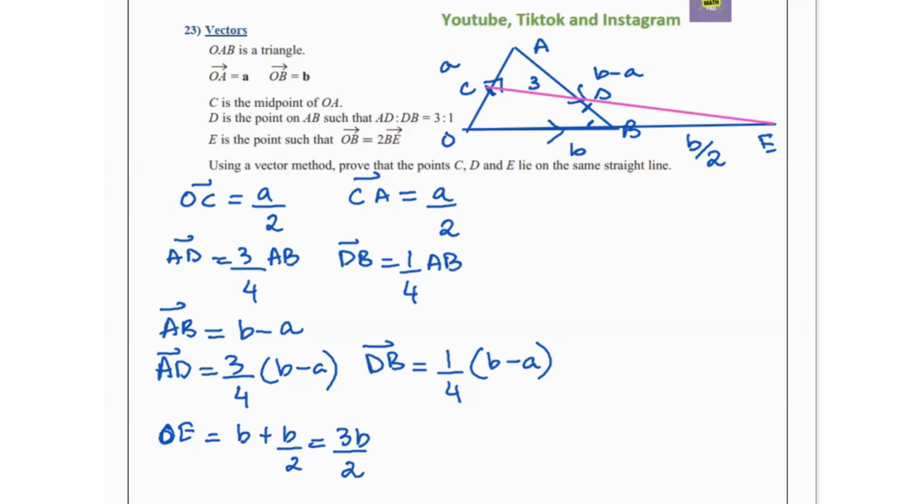So let's begin with finding CE. CE is going to be CO plus OE. CO is going to be negative A over 2 and OE is 3B over 2.